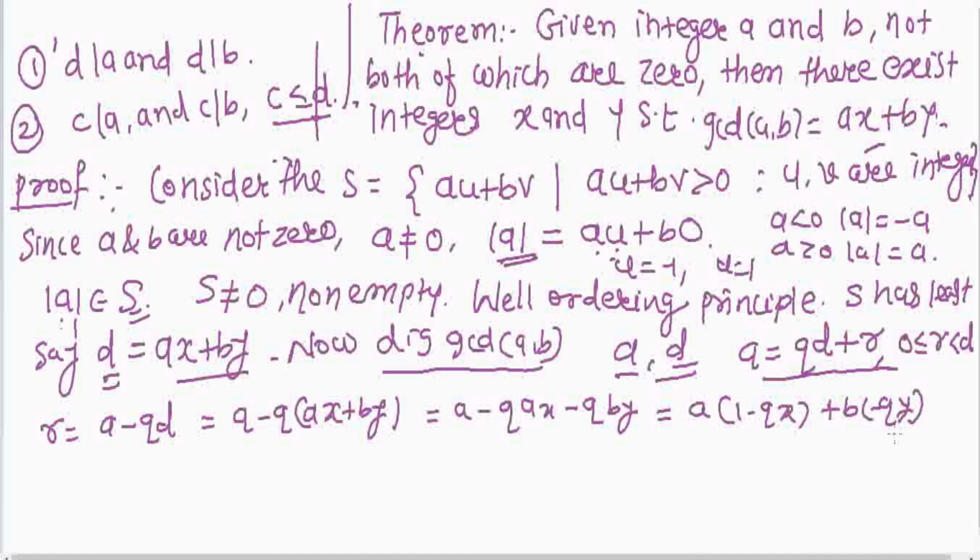These are integers, so we are not talking about positive or negative. We have not restricted X and Y to positive integers only, and therefore their value may be negative.